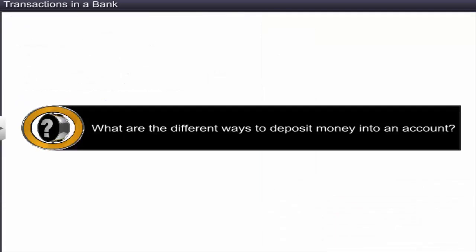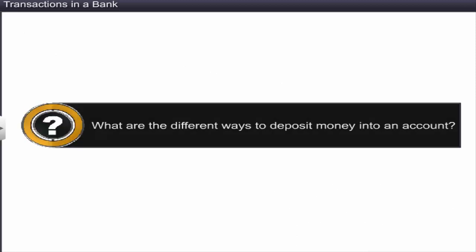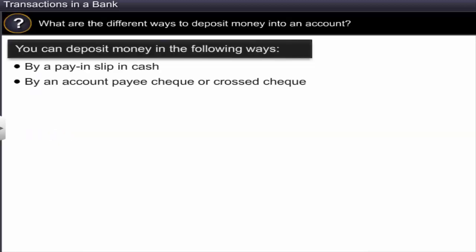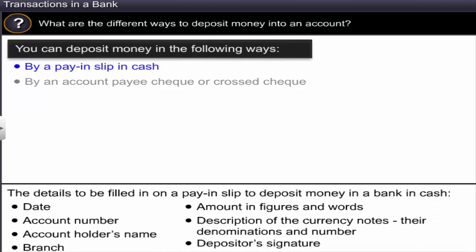Let's see the different ways in which you can deposit money into an account. You can deposit money by a pay-in slip in cash and by a check. To deposit money in cash by a pay-in slip, you have to fill it up.